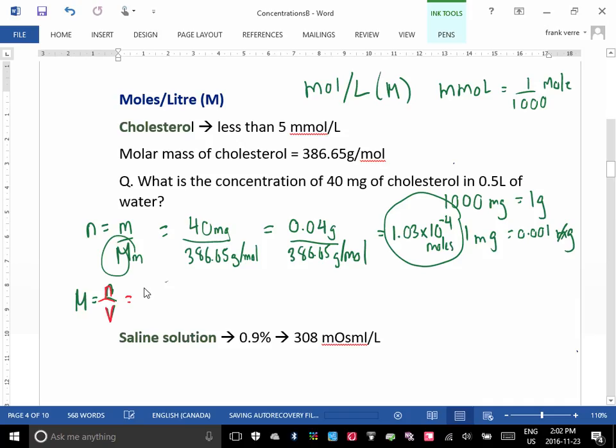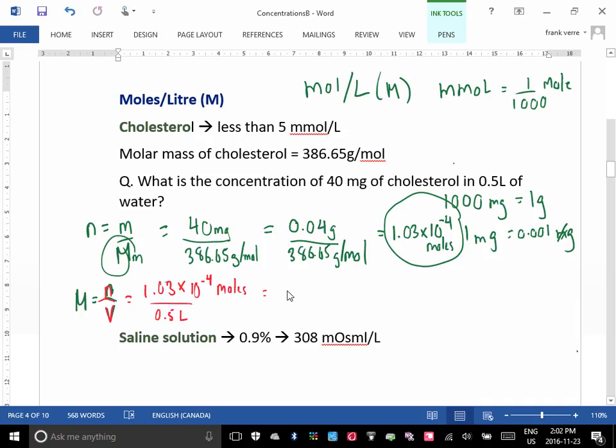So 1.03 times 10 to the minus 4 moles over 0.5 liters.